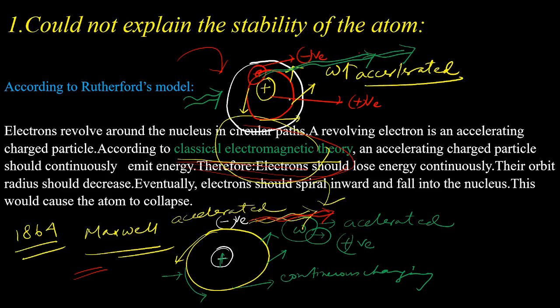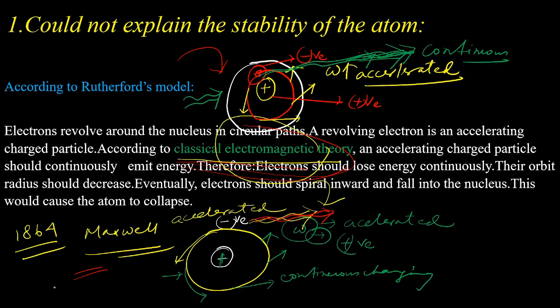There is no fixed circular path in Rutherford's atomic model. So the electrons are rotating around the nucleus in a continuous manner, and during this continuous rotation, the electrons are getting accelerated, and due to their acceleration, they are releasing electromagnetic energy continuously. So there is a continuous release of electromagnetic energy in Rutherford's atomic model.